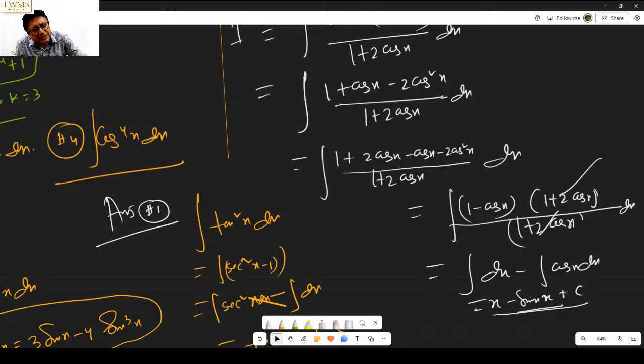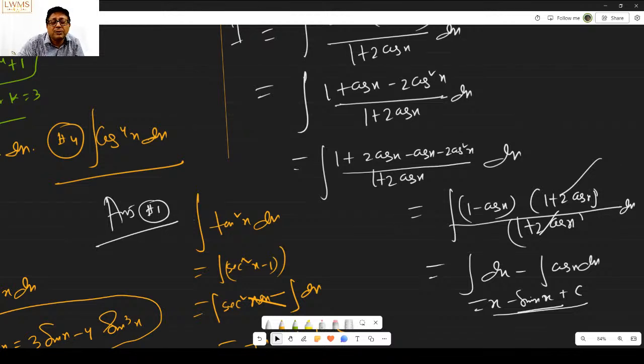It is cos square x whole square. Cos square x will be half into 1 plus cos 2x. Then open the bracket and integrate term by term.